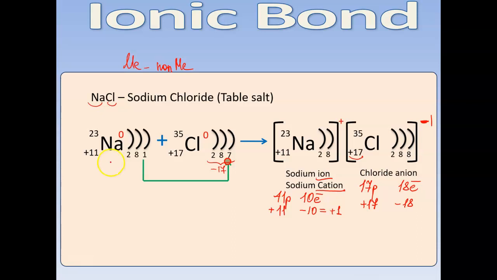So atoms become more stable when they are ions, okay? Please take notes that a positively charged ion is a cation and a negatively charged ion is an anion.